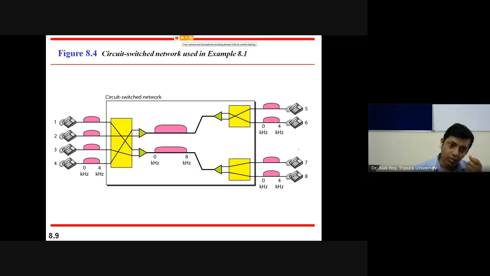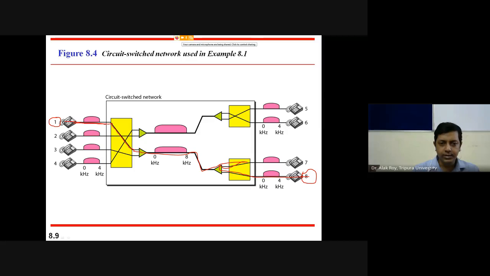Let's take the old telephone concept. Like if you're dialing from your landline phone 1 to landline phone 8, before you can communicate between 1 and 8 via voice call, a circuit needs to be completed, say via switch 1 to, oh sorry, this one, S2 to 8.